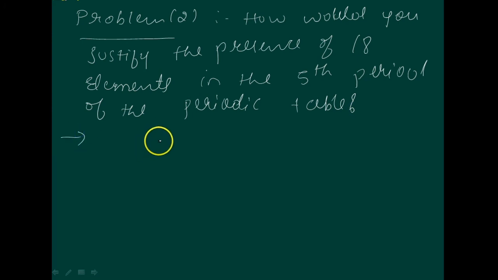When n is equal to 5, l is equal to 0, 1, 2, 3.